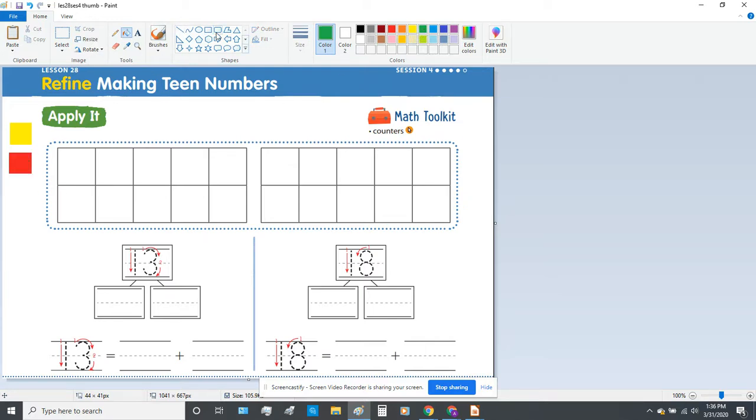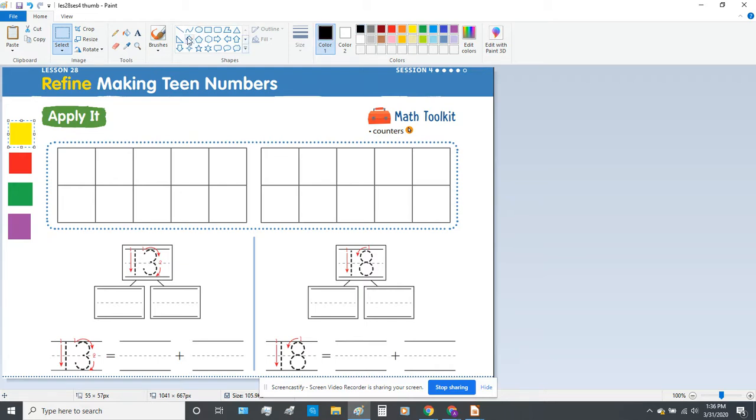On your page, you will see that they have begun two different problems for you already, making the teen numbers 13 and 18. We are going to be building the number 13 first. And you can see the number 13 right here.